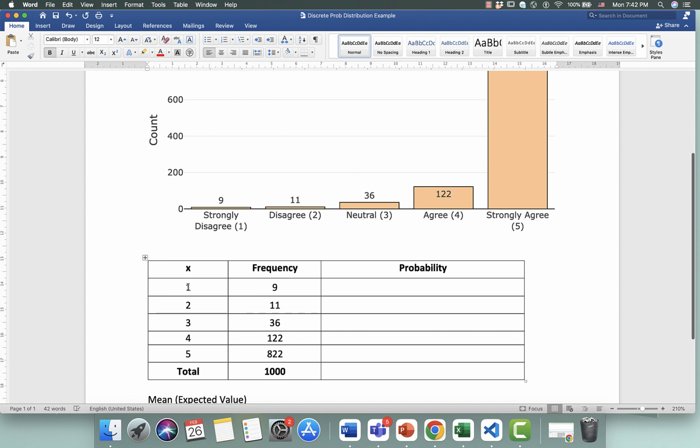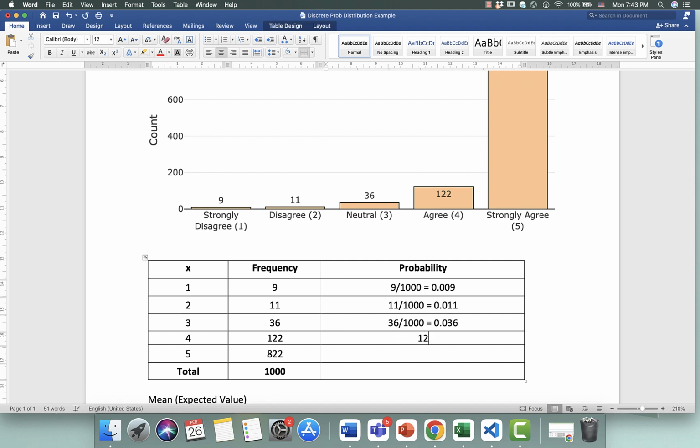So for the random variable value 1, the relative frequency will be 9 divided by 1,000, and that's going to be, as a decimal, 0.009. The next one would be 11 over 1,000, and as a decimal, that would be 0.011. 36 over 1,000, that as a decimal would be 0.036.